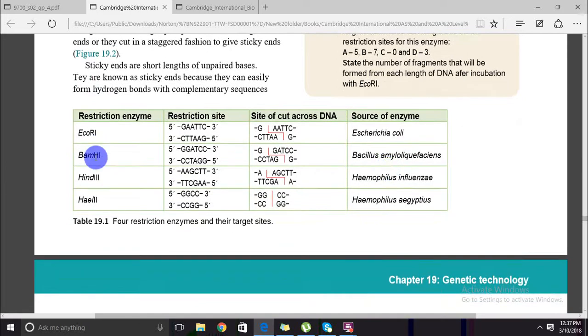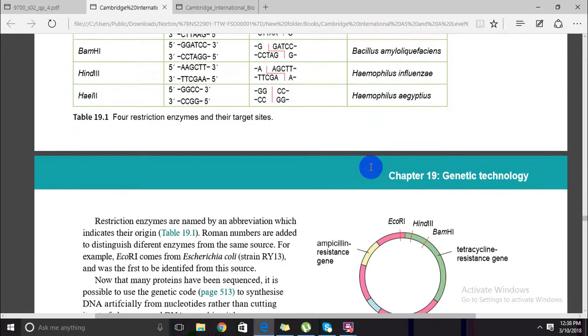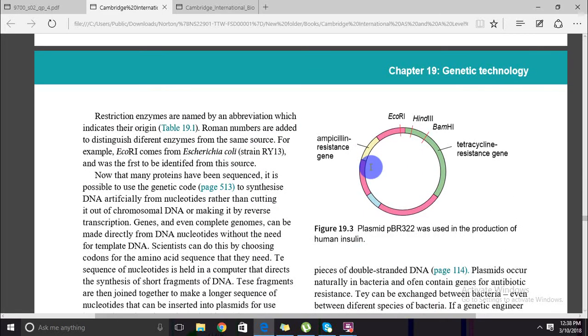Same for BamHI because it is gotten from Bacillus amyloliquefaciens or something. And Roman numbers are added to distinguish different enzymes from the same source. For example, EcoRI comes from E. coli and was the first to be identified from this source. Right?